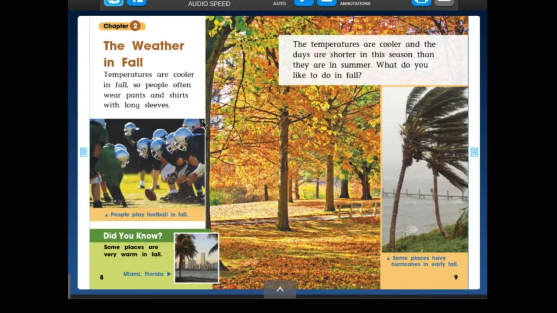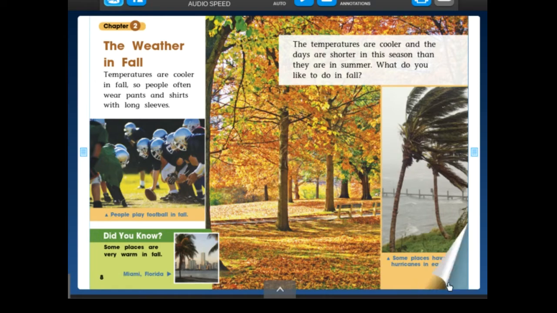Why? Well, if they're not saying because, sometimes the reason has gone first and they put so. Temperatures are cooler in the fall, so people wear pants and shirts with long sleeves. If they turned it around, they might say people often wear pants and shirts with long sleeves because temperatures are cooler in the fall.